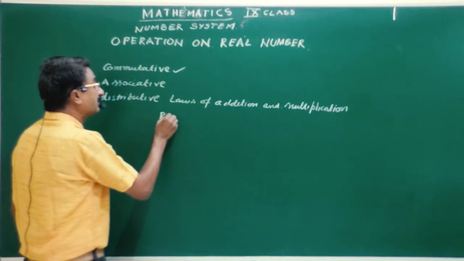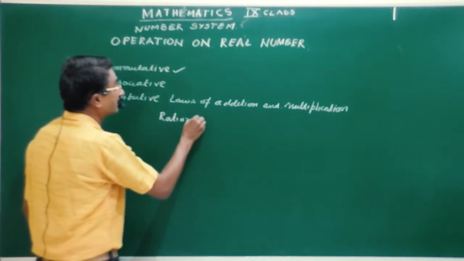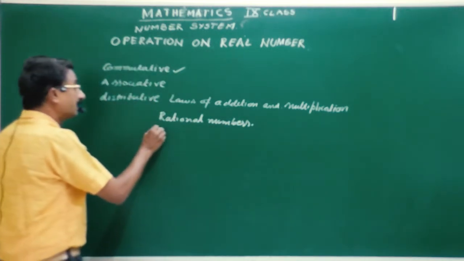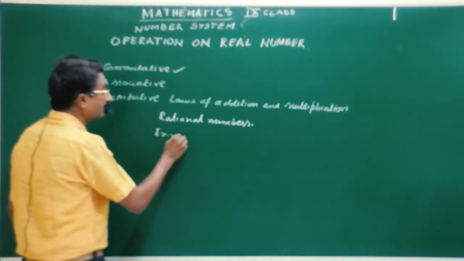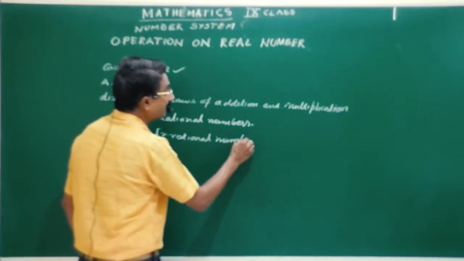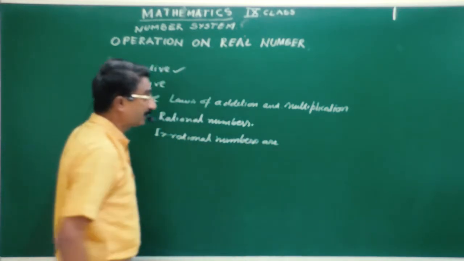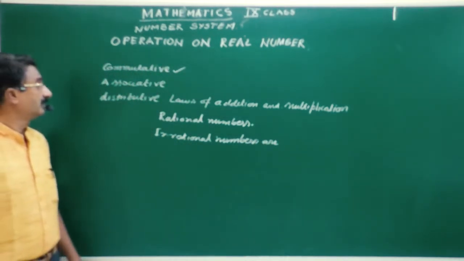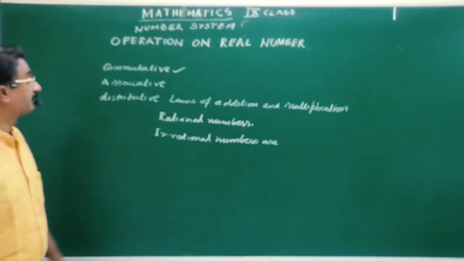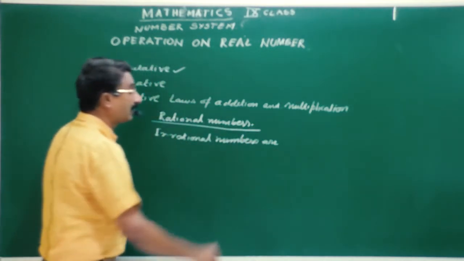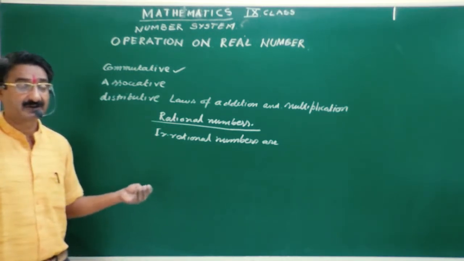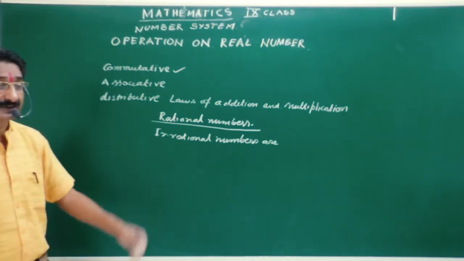This means all rational numbers follow this, as well as irrational numbers. But rational numbers remain rational numbers. That means you can add, subtract, multiply or divide rational numbers and you will get rational numbers.